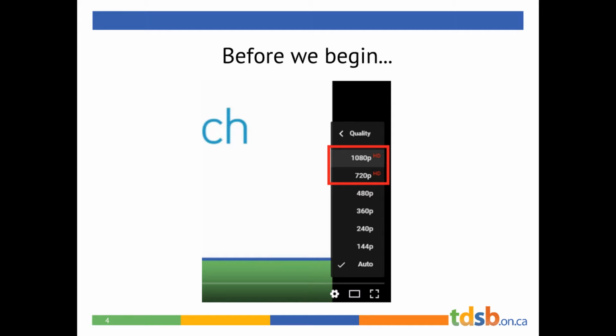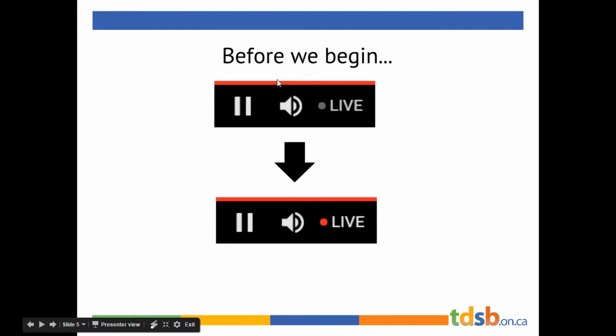Depending on your connection, go ahead and use whichever best suits your need. And lastly, make sure you have the live button, the red dot, on your YouTube, because if you don't have this, it means you could be behind or not live, so you might not see the live version of this.